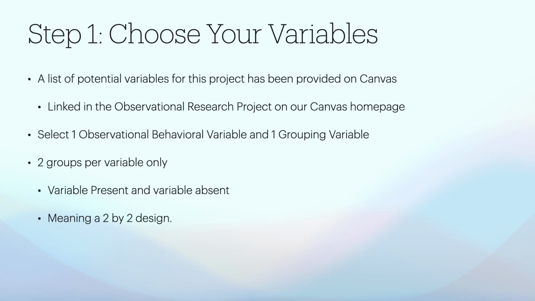Basically what that means is the variable's present, the variable's absent. For example, for your behavioral variable, if you choose phone use, you'll have one group being phone use and one group being no phone use. There aren't different levels. It can only be a 2x2 design because we'll be using a chi-square to analyze these results, and chi-square is made for 2x2 designs.